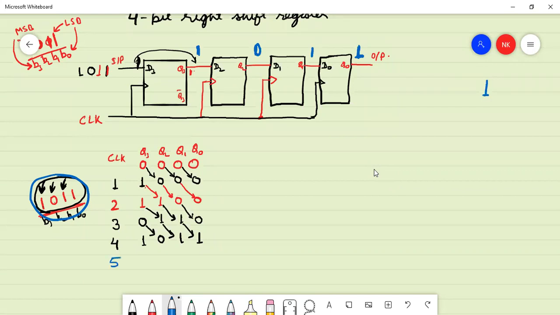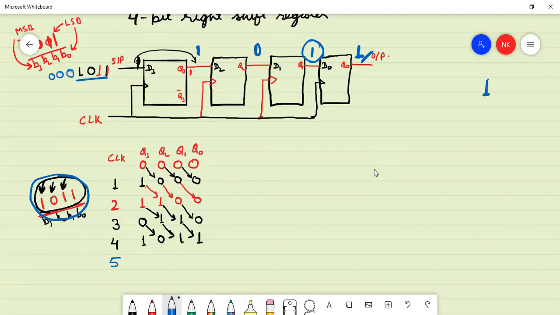In the fifth clock pulse, if we keep putting 0 at the input, and we want all four bits at the output, then the first bit, which is the LSB, we are already getting at the output. So this LSB bit will come over here. Next we want this one at the output, so we have to shift this data to the output.